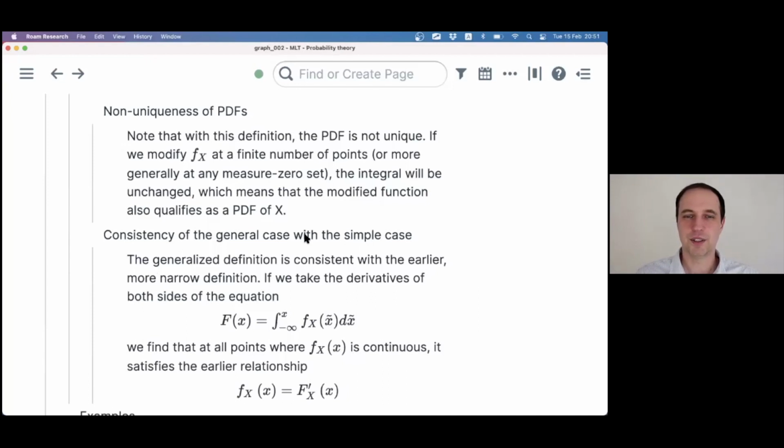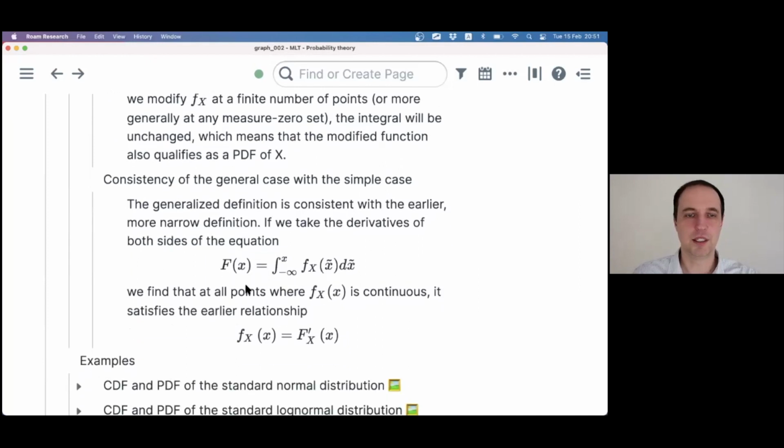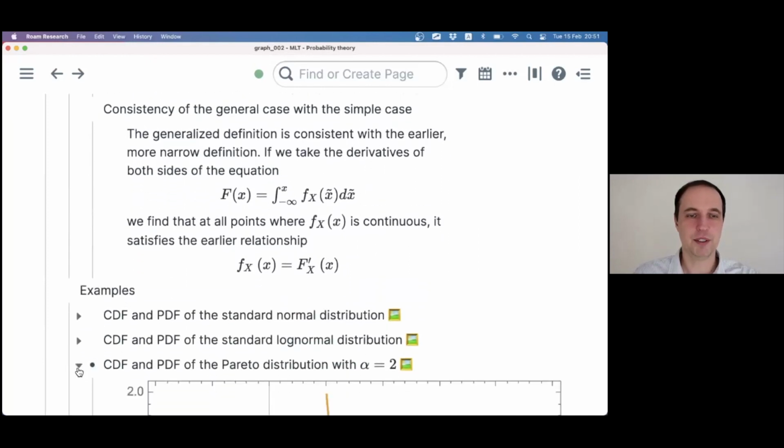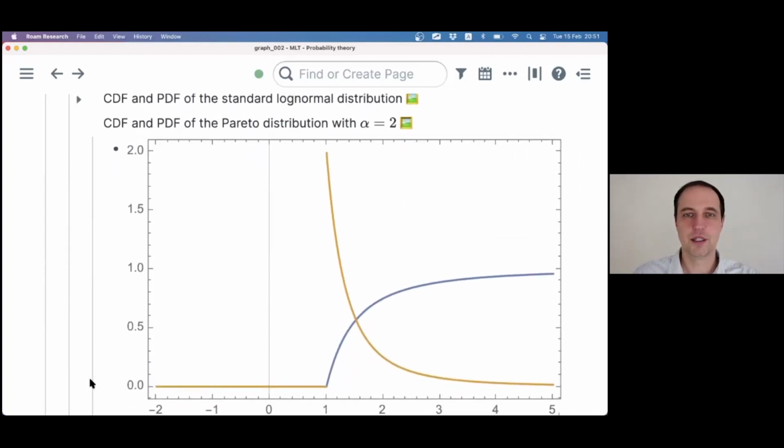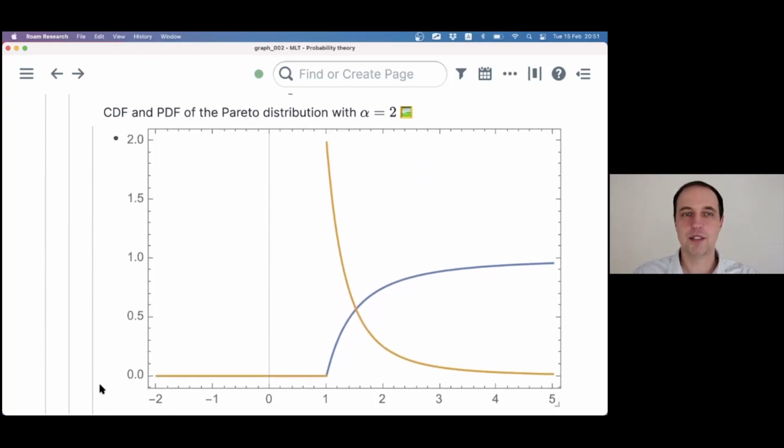Okay, another question. What is happening if the blue and red curves are crossing? So yeah, that does not actually have any special meaning. In some sense, the units in which you measure the PDF and CDF are going to be different.